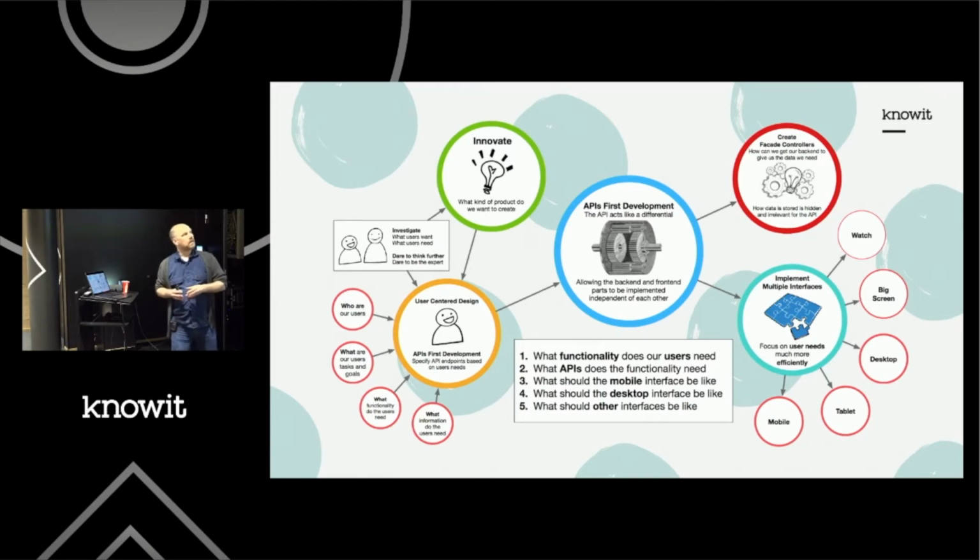And by being strictly API driven, it is much easier to create good flexible interfaces for different devices much more efficiently. When everyone relies on the same APIs in the backend, it's much easier to implement really nice mobile interfaces within weeks, tablet interfaces, desktop interfaces, interfaces for big screen, and whatever device you need.